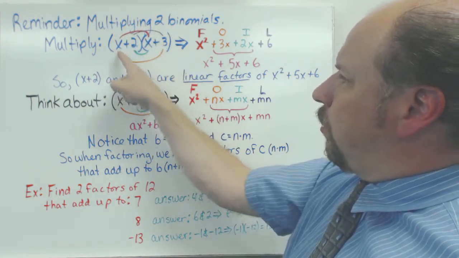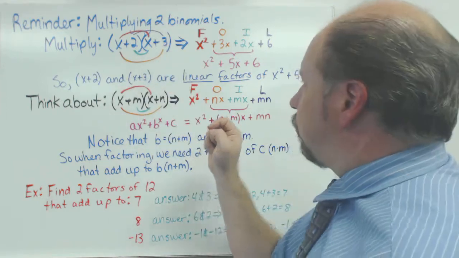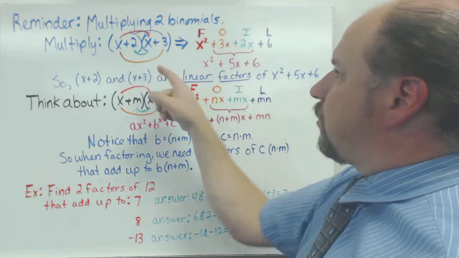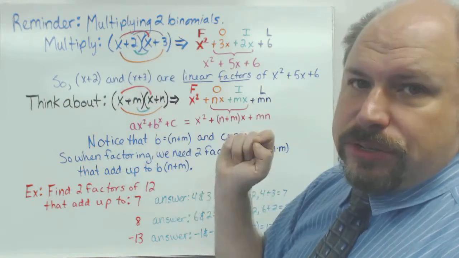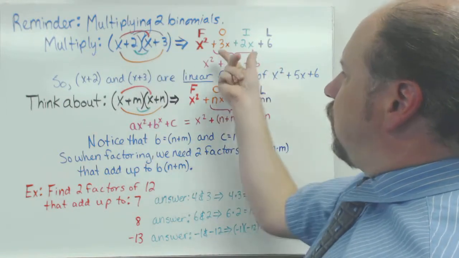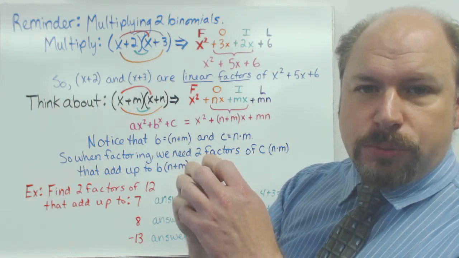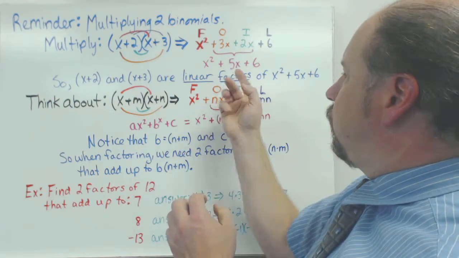The outer is x times 3, which is 3x. The inner is 2 times x, which is 2x. And then the last is 2 times 3, which is 6. And so we have the 3x plus the 2x, those two middle terms we combine into 5x.